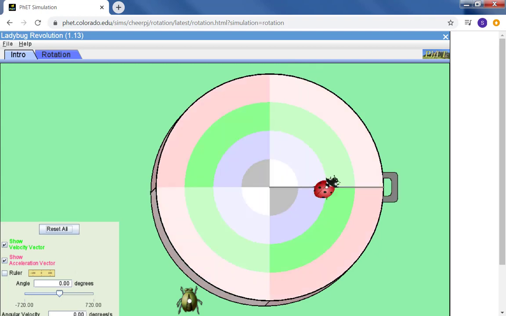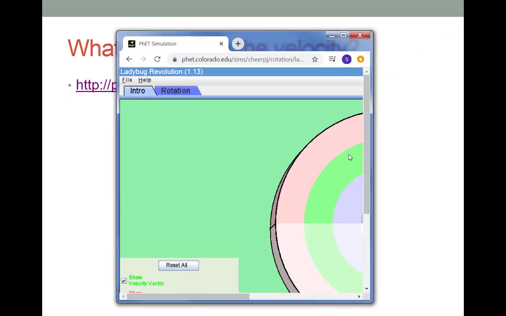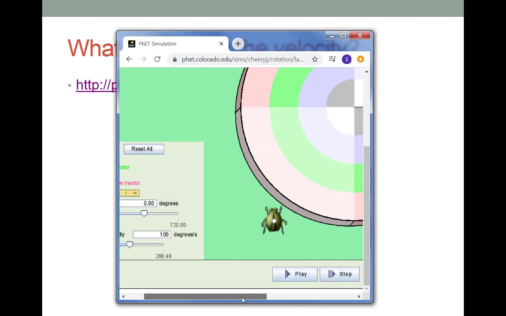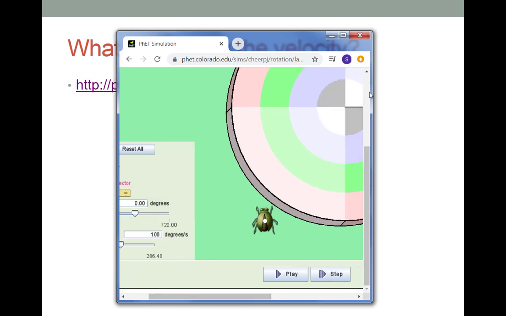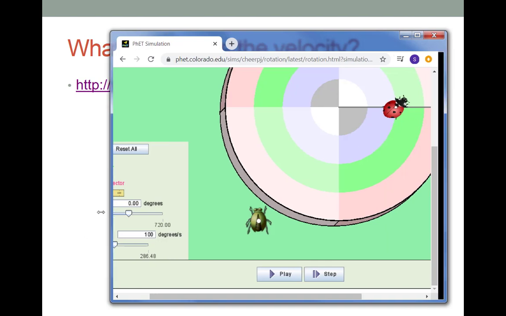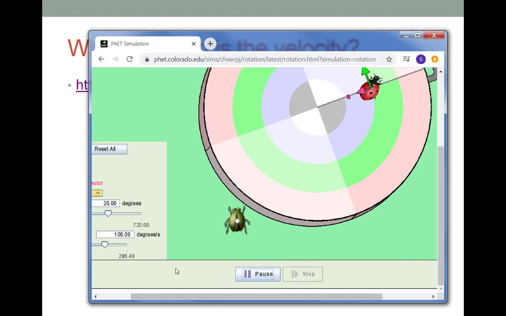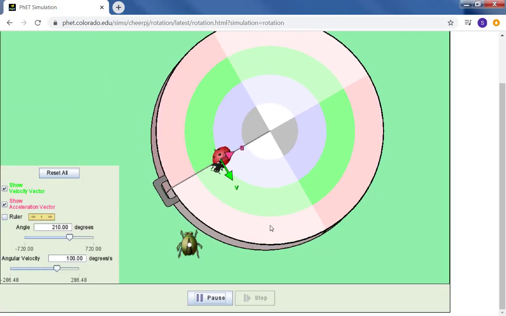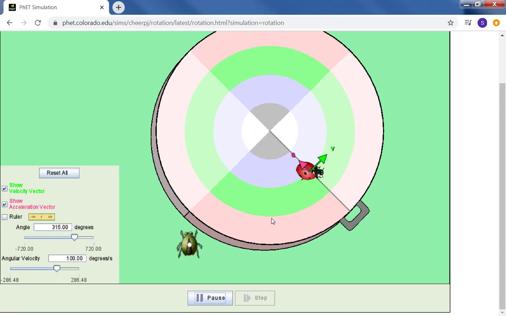What I want to do is increase the angular velocity a little bit, maybe a little bit more. Let's see what happens if we scroll down. Aha! There we go. If I make this a little bit bigger, now we can see it turning. Now we can see all the controls.